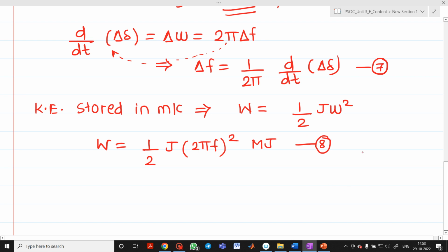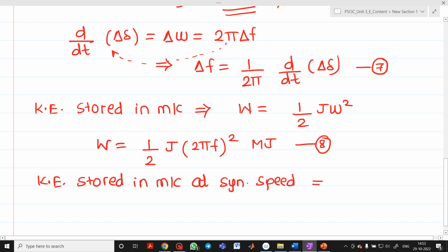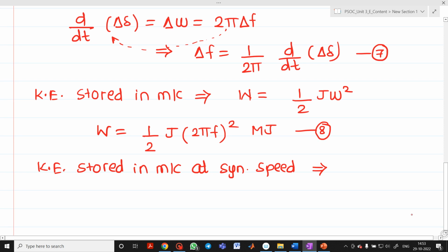Now we have the kinetic energy in the machine. This is the kinetic energy stored in the machine. We are not talking here about any synchronous speed, but when we take into consideration the synchronous speed, then we have to write the expression again. So I will write it here: kinetic energy stored in the machine but at synchronous speed. For the sake of understanding, I will differentiate this.